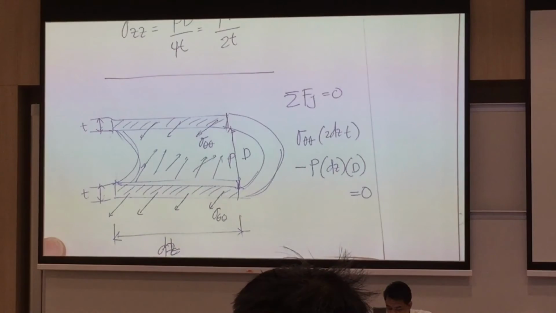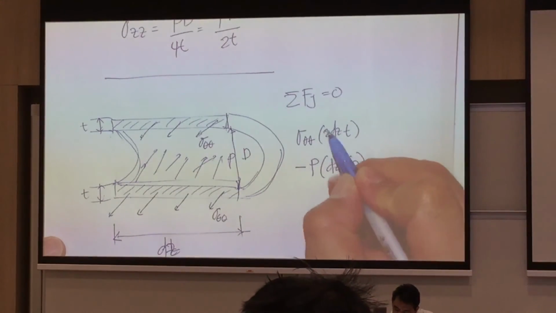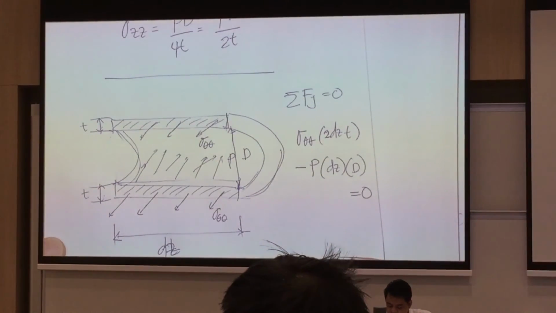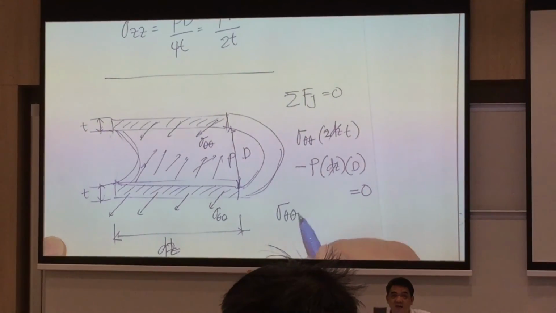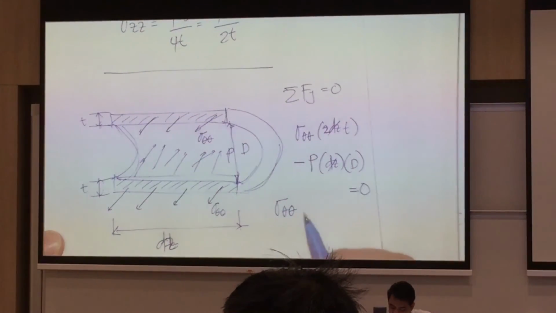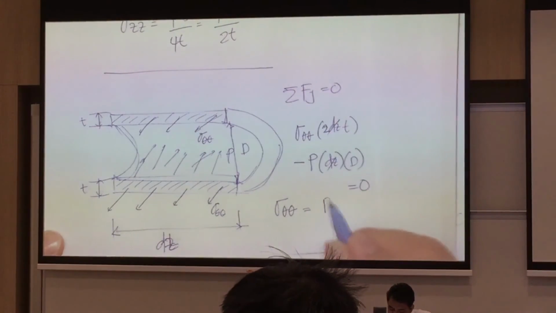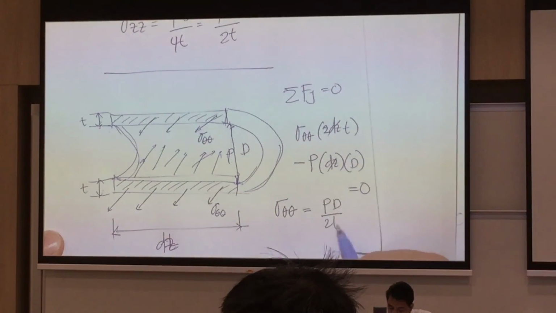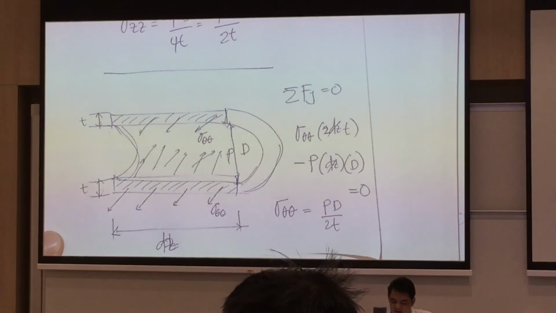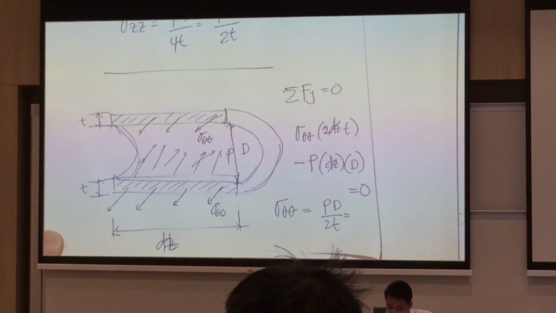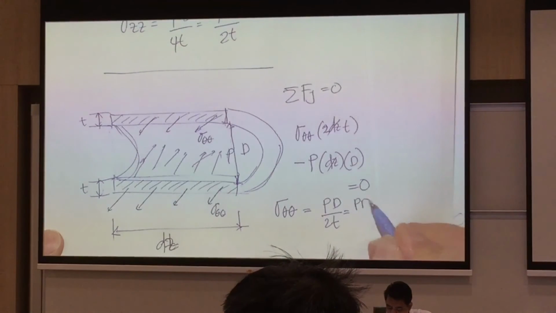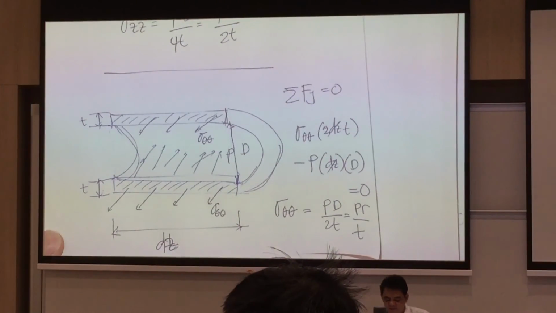So that is 2 there. Dz cancels out. Sigma theta theta is now equal to PD all over 2T. And this one can be PR all over T.